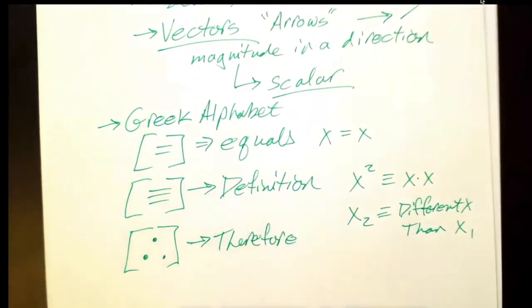And therefore is exactly what it stands for, is if this is that, therefore this occurs. And this will often be inserted into analysis as we define conceptual physics terms that interrelate, where one thing occurs and then therefore this causes something else to occur.